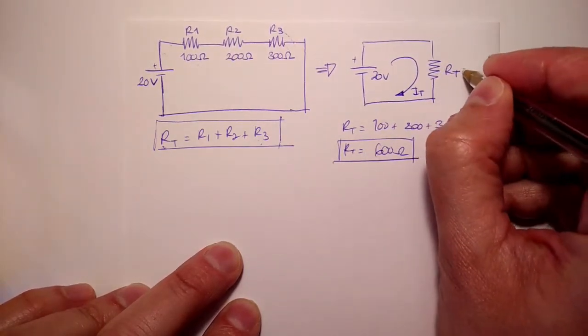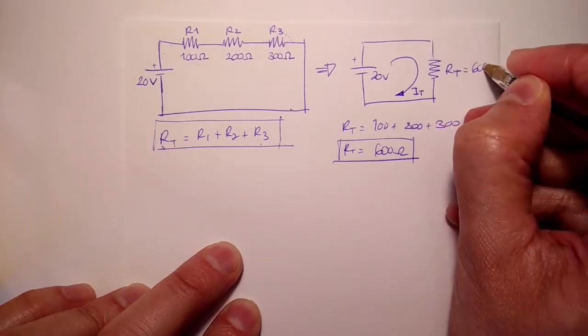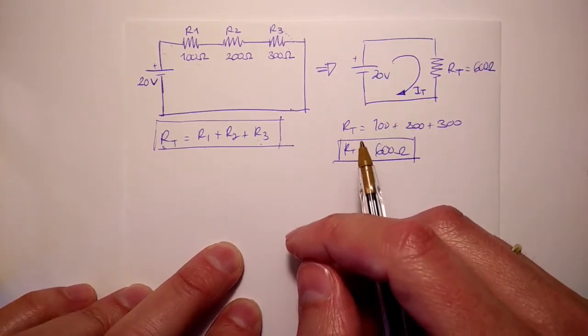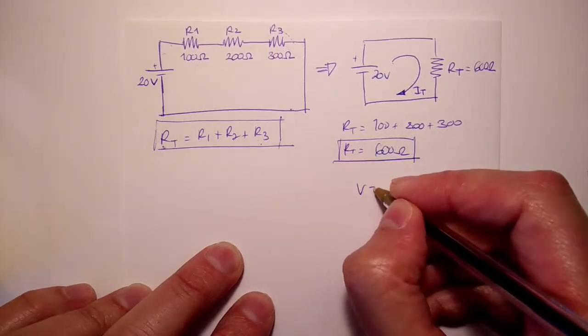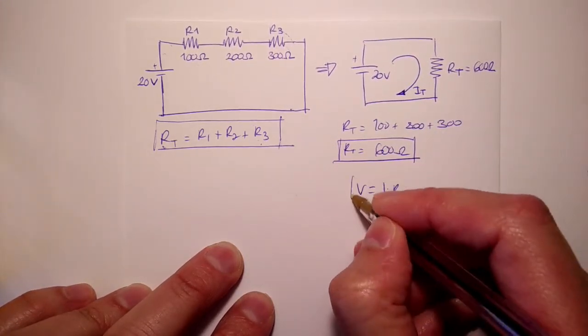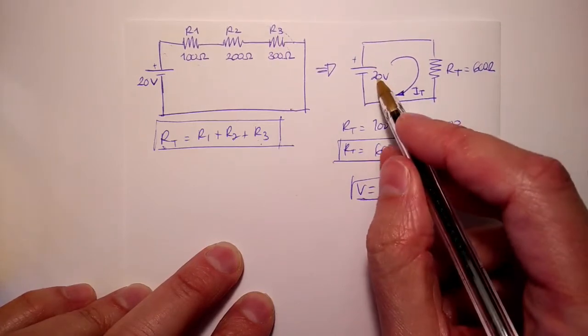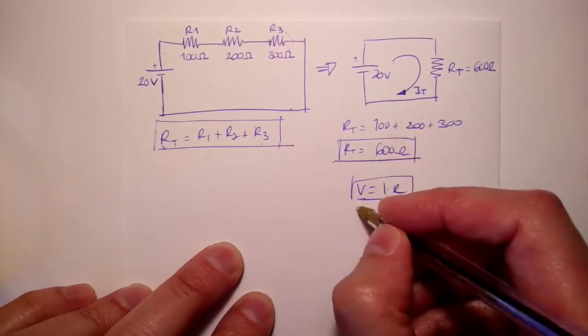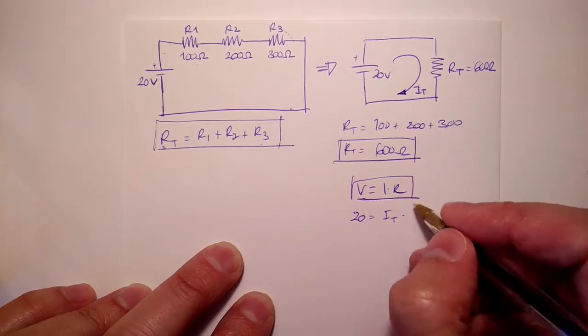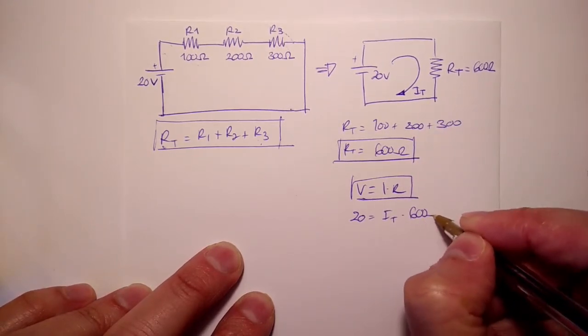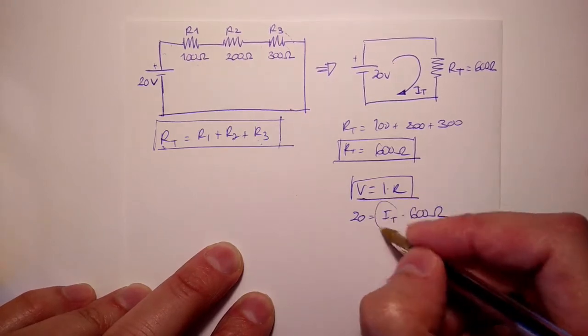Now, applying Ohm's law to this equivalent circuit, we use the formula V equals I multiplied by R. I know there's only one supply source or voltage of 20 volts. The current I will be the total, and the total resistance, or R in this case, is 600 ohms.